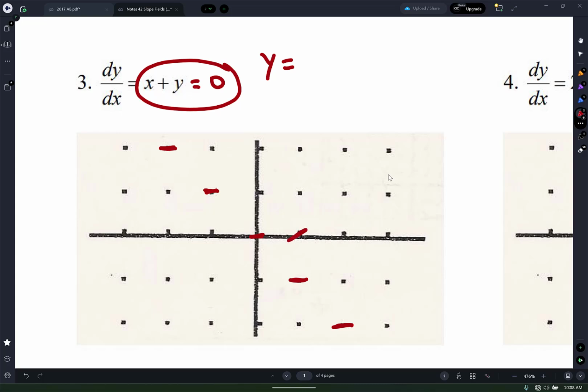I go to 2, 0. What's 2 plus 0? 2. So I make it steeper than the 1. And then I go to 3, 0. What's 3 plus 0? So I make it steeper than the 2. See what I did there, guys? Now let's go to y equals negative 1 here. So I'm going to go to 2, negative 1.